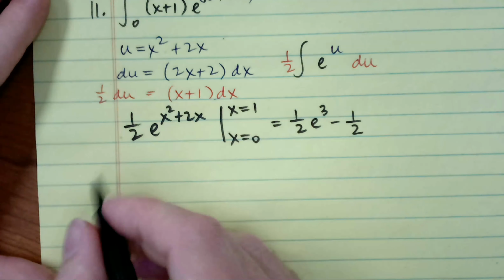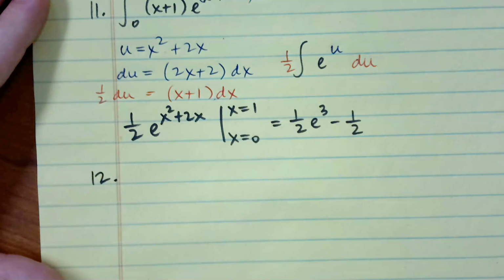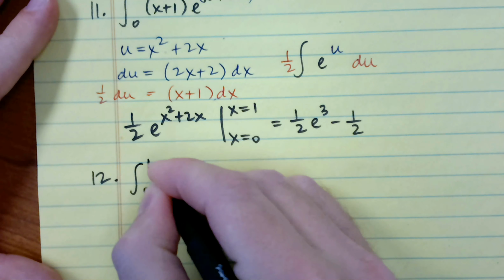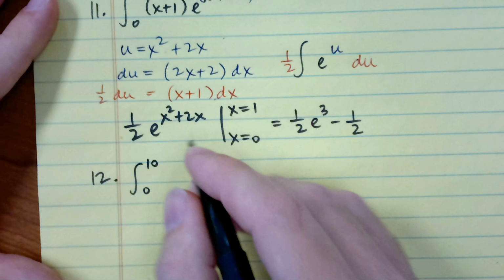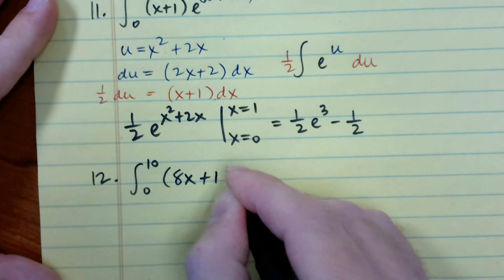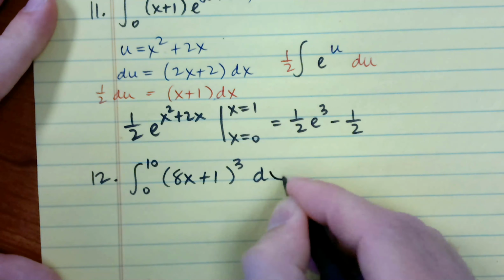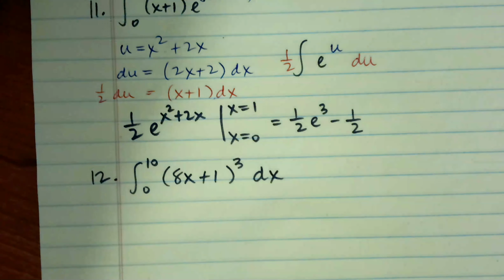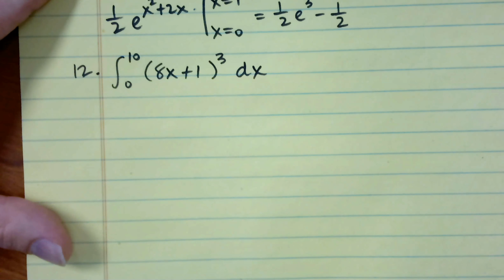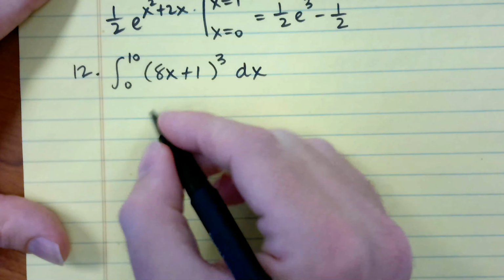Right, and on to 12, this is the integral from 0 to 10 of 8x plus 1 cubed. We could use u-substitution on this if we really felt like we needed to, but I'm going to go ahead and say I can anti-differentiate this.